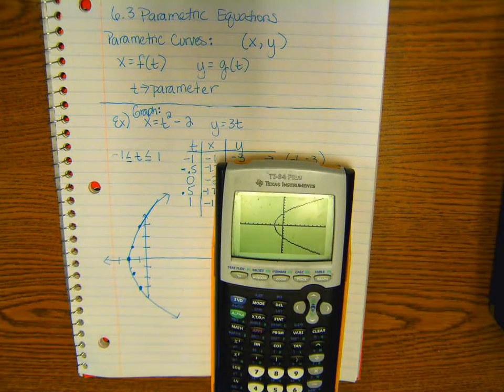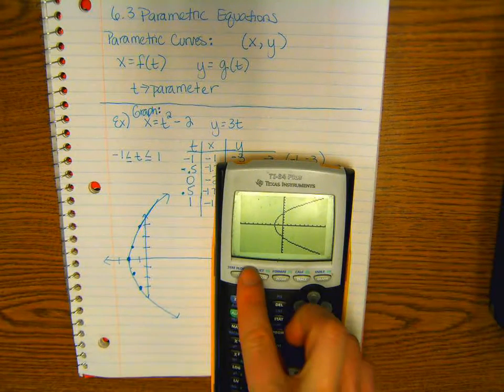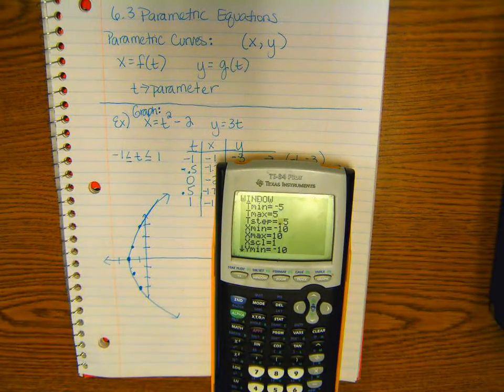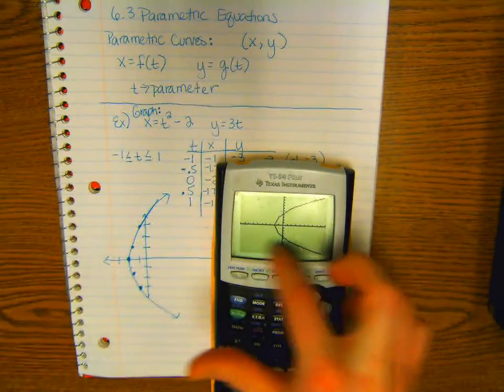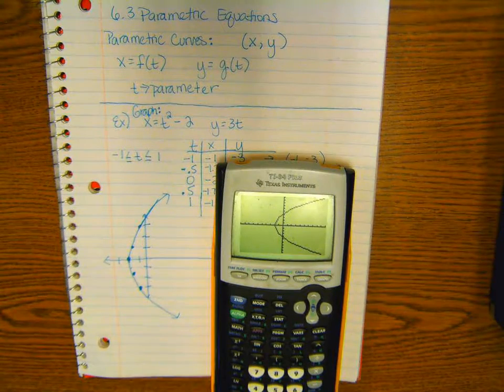So if you don't pick a big enough value for t, you won't get your whole graph to show up. If you pick anything that's bigger, like I picked 0.5, all it will do is that basically your calculator calculates every half point and then it connects to that. So if you start making that too big, what ends up happening is it doesn't look like a curve, because your calculator doesn't know how to do that. It looks jagged. Do you see how it's looking a little more jagged there? So you want to keep that t-step pretty small on your calculator to make it look like a curve. Okay? So we haven't talked about these yet. This is new.